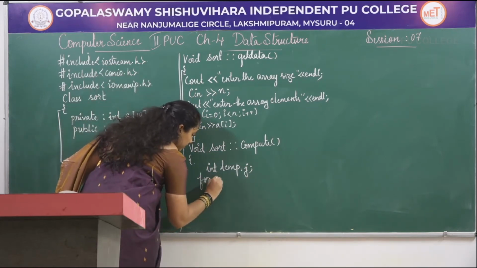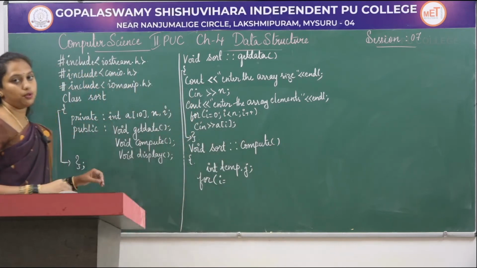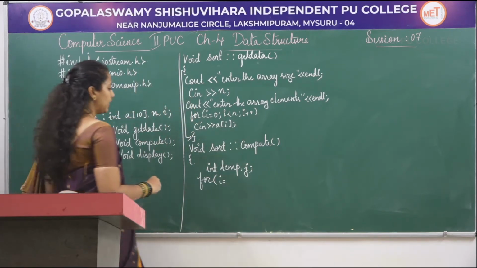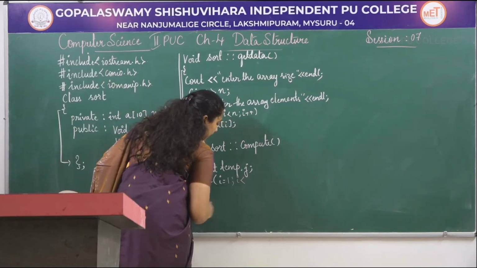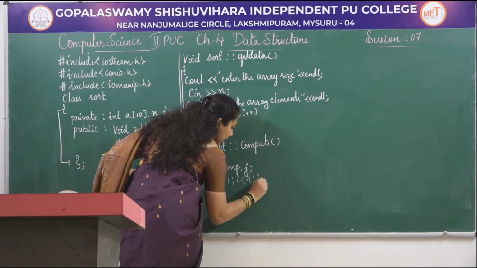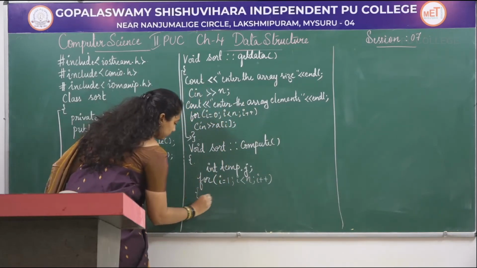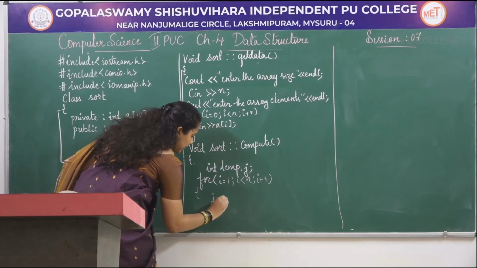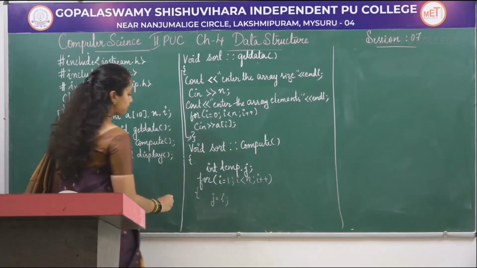For comparison, starting from the first position, for i equal to 1, i less than n, i plus plus. I am going to assign the value of i to the variable called j.